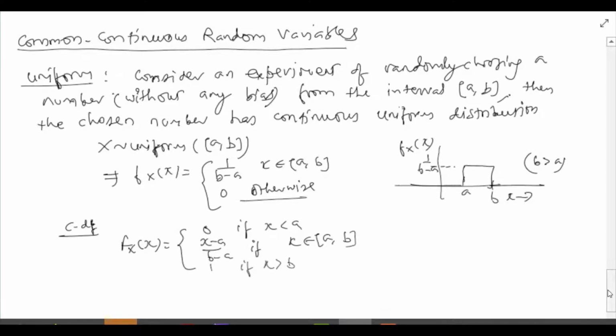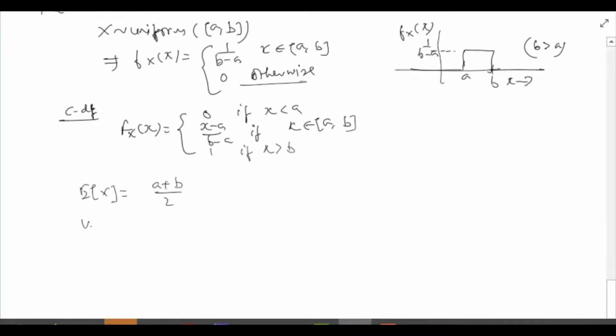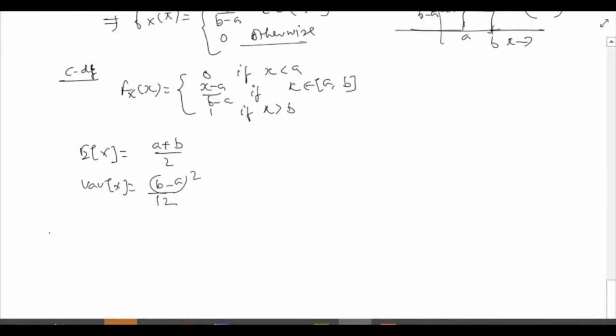Moreover, its expectation is (a plus b) by 2, same as in the discrete case, and variance is (b minus a) whole square divided by 12. This has a slightly different expression than in the discrete case. Let us see an example.